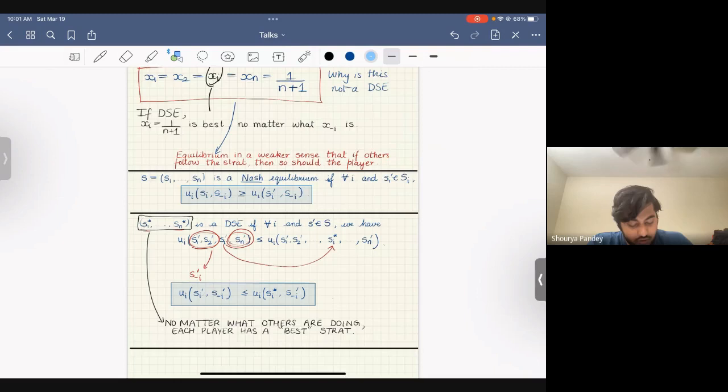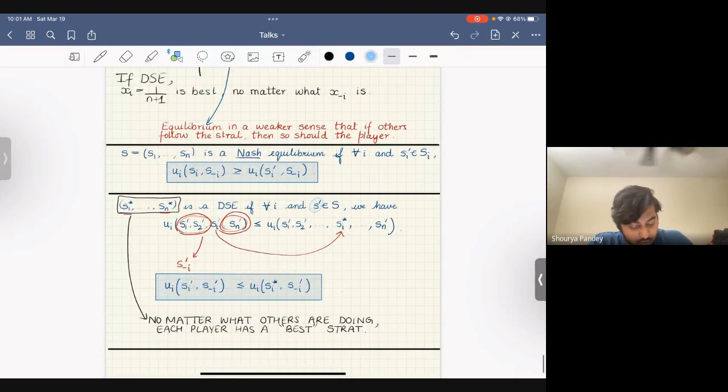Notice that there's a for all other strategies here, but here there's a for all only for each particular si. So the difference is that in the dominant strategy equilibrium, I can change the strategy vector for every player, while in a Nash equilibrium, I'm only changing the strategy of the player I'm considering, right?